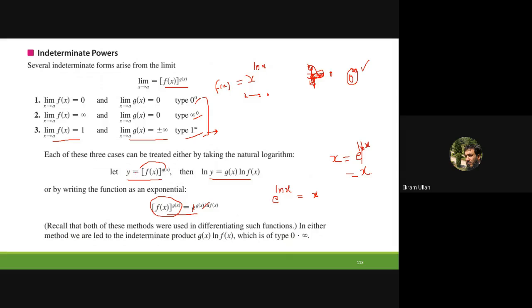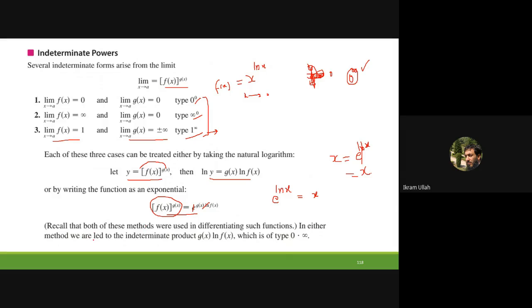One is applying the natural log on both sides of the function, and the second way is to represent the given function in the form of an exponential function. Recall that both of these methods were used in differentiating such functions.